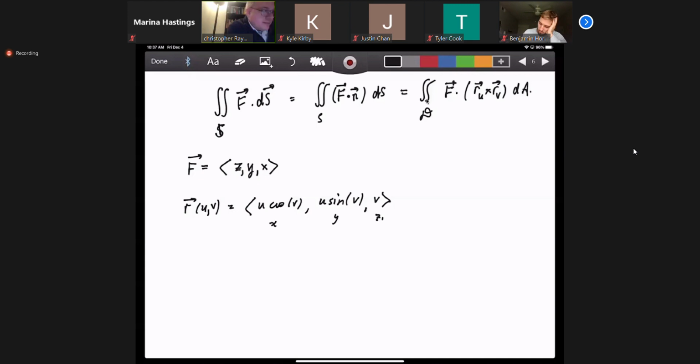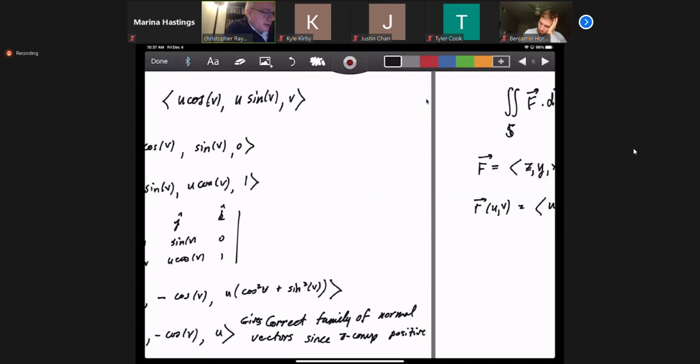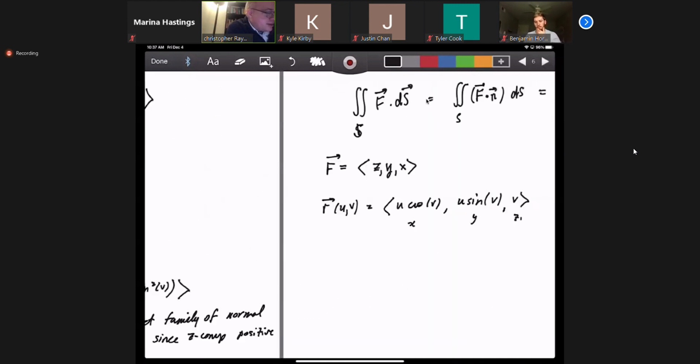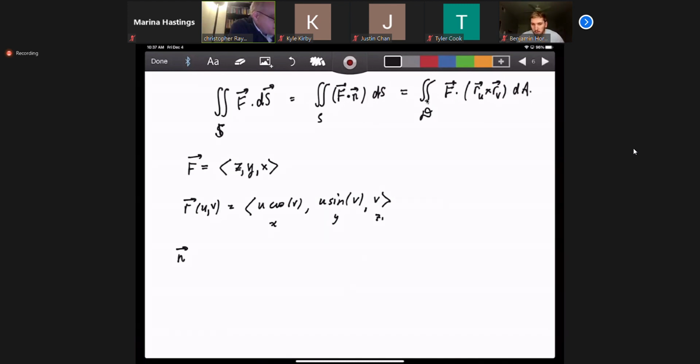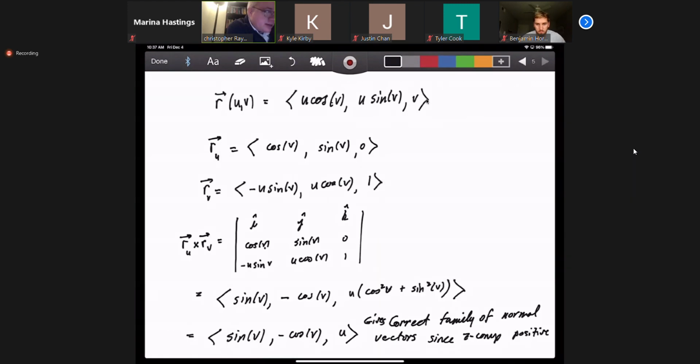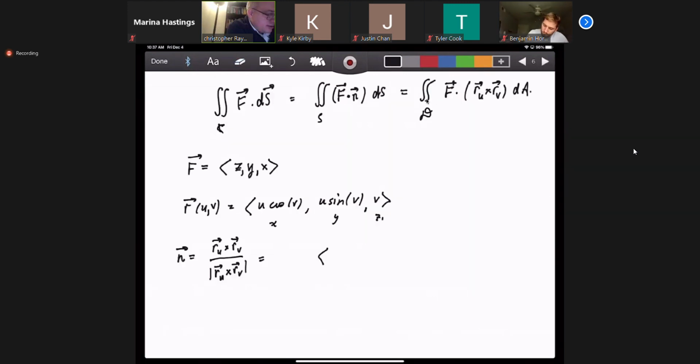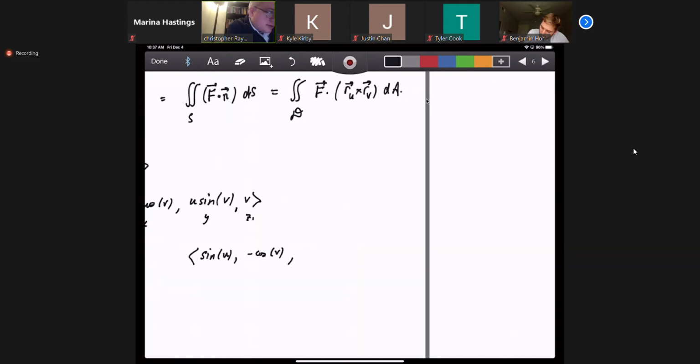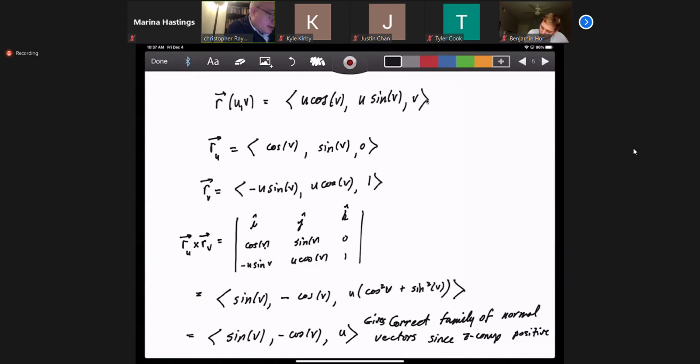And if we actually build the normal vector, it would be RU cross RV divided by the length of that. So we would get sine, minus cosine. Whoops, wrong way. And then the last component was u.